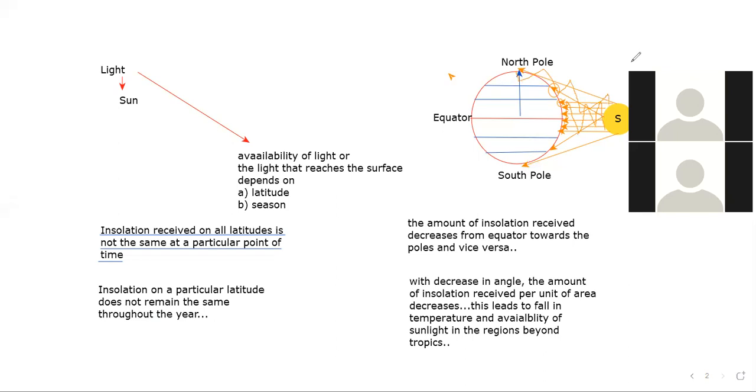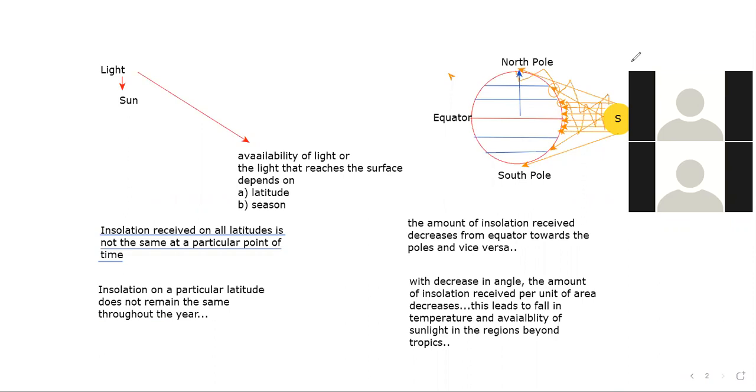If the distance is more, the atmosphere in the way will also be thicker, so there will be more loss of energy, more loss of heat on the way.